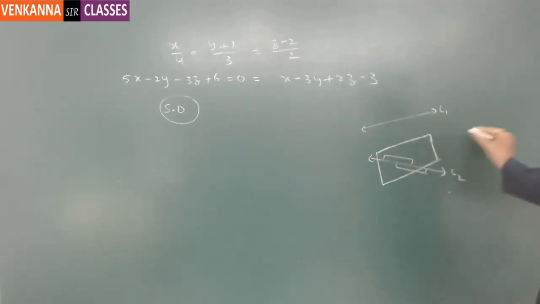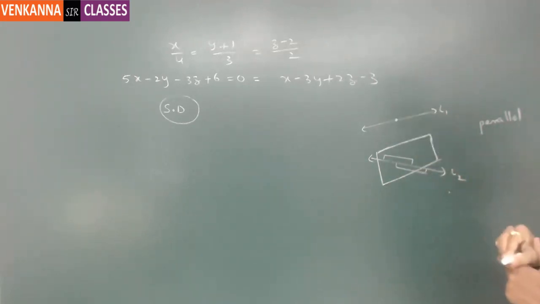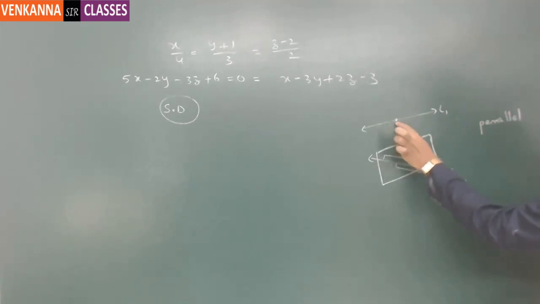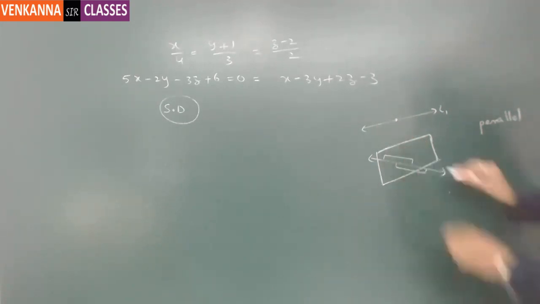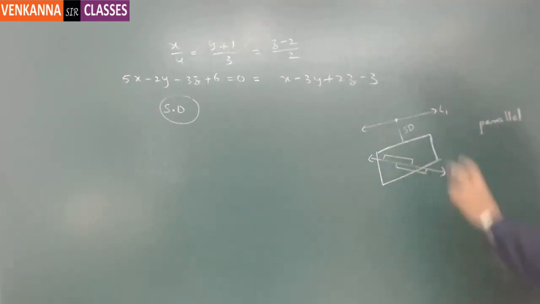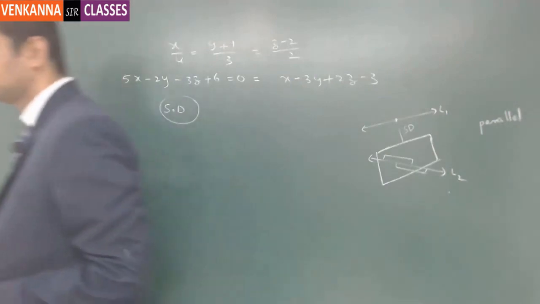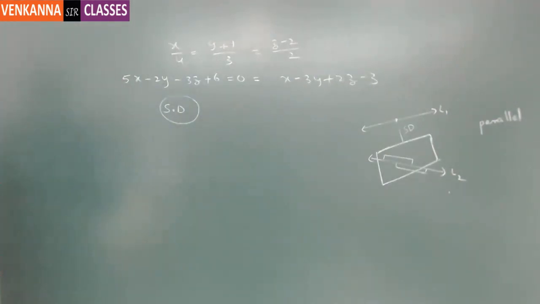So these two are parallel. Now what happens if you take any point on the first line, the distance between the point and this plane is nothing but the SD. That was the concept behind it. Okay? Clear now?